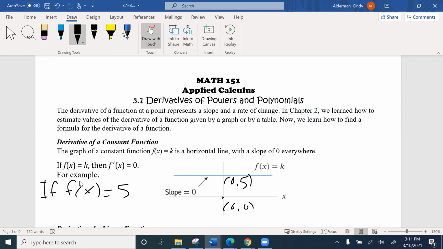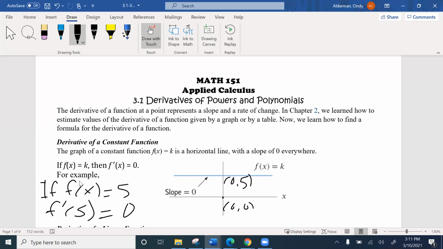So if the function is y equals 5 or f of x equals 5, then the derivative of 5 is going to be equal to 0. And if f of x were 7, then still the derivative is going to be equal to 0 because it's a horizontal line, and horizontal lines always have the derivative of 0.